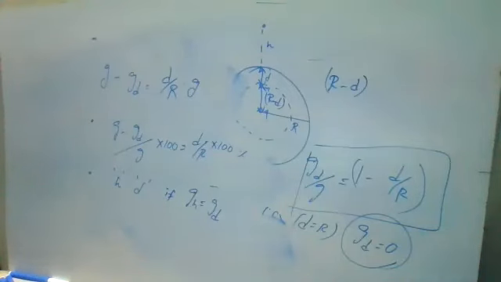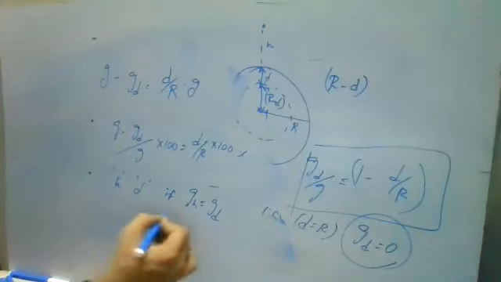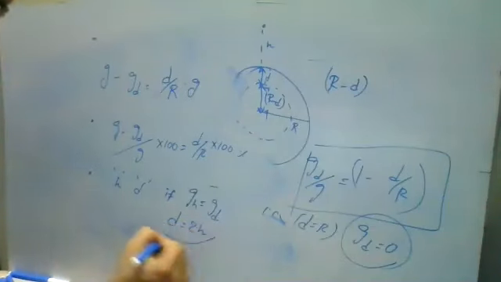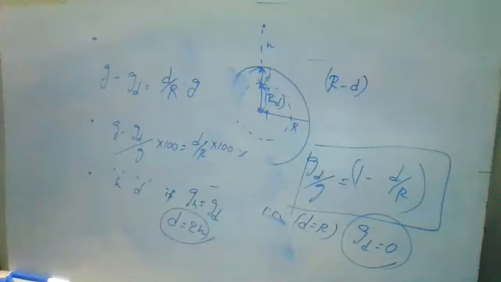If gh is equal to gd, that is, if the acceleration due to gravity is the same for both, then from this relation small d is equal to 2h. We relate the two formulas. So d is equal to 2h. Remember this. These are your formulas at a particular depth.